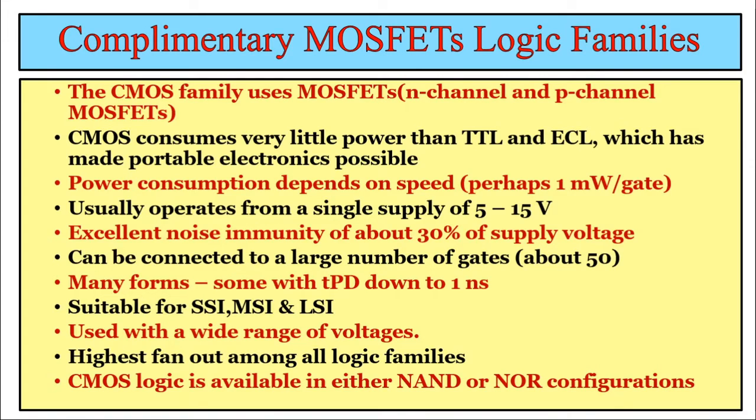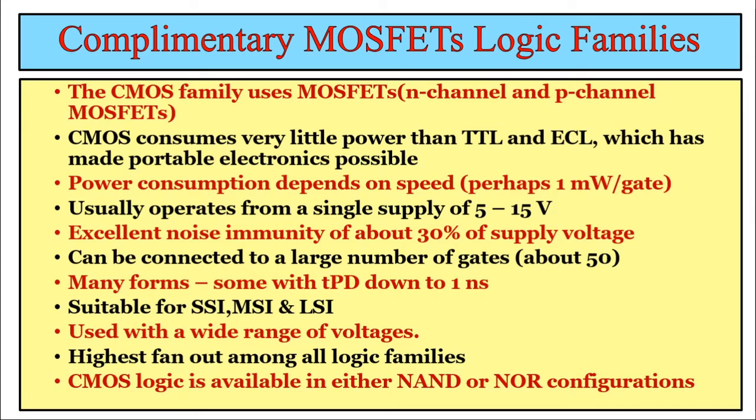CMOS consumes very little power compared to the TTL and ECL families, which has made portable electronics possible. Power consumption depends on speed, perhaps about 1 milliwatt per gate. It usually operates from a single power supply of 5 volt up to 15 volt.